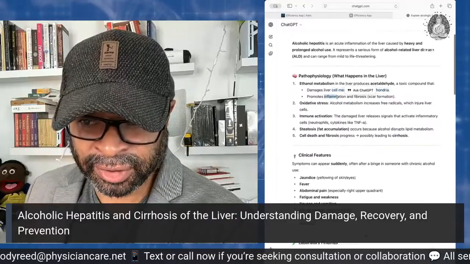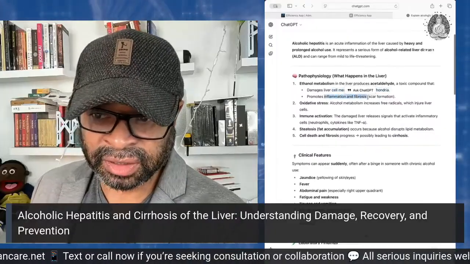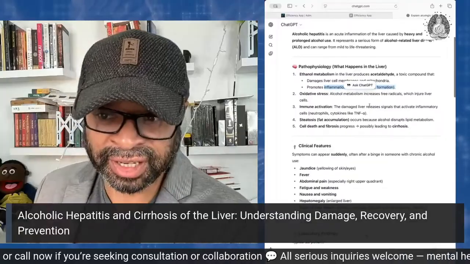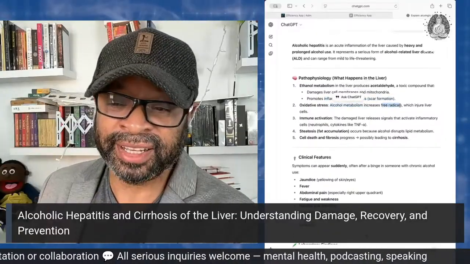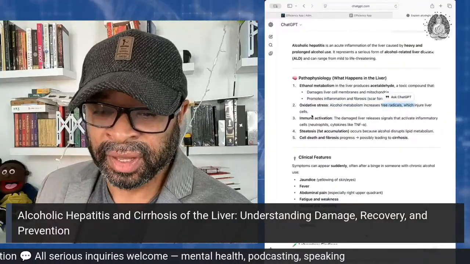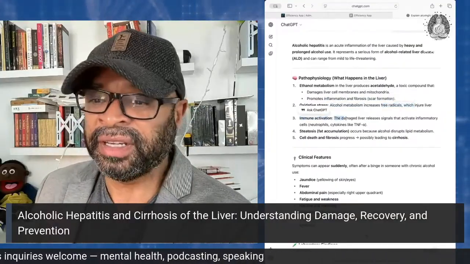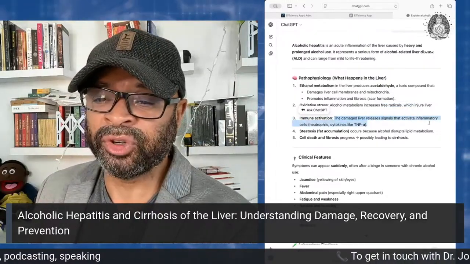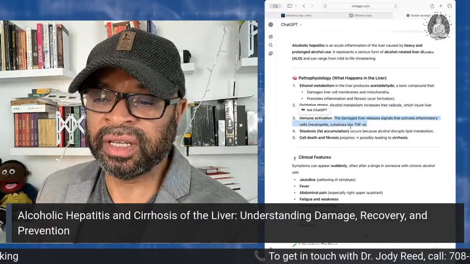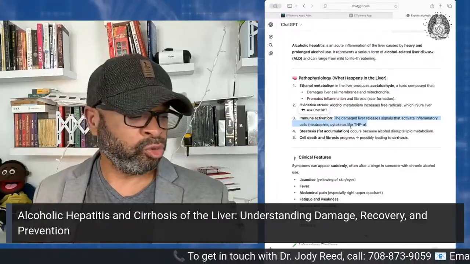Then it also causes inflammation, which leads to fibrosis and scar formation, and the oxidative stress increases free radicals that injure the cell. Then the immune activation: the damaged liver releases signals that activate inflammatory cells such as neutrophils, cytokines, and tumor necrosis factor.